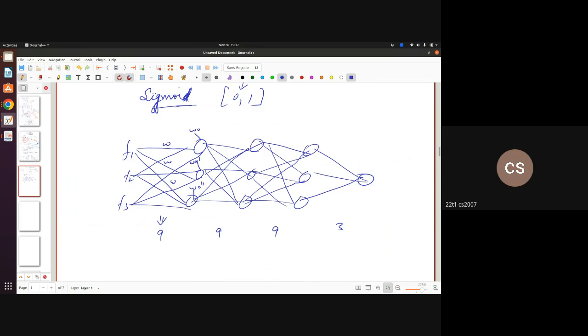So each neuron has the bias also. 9 plus 9 is 27, plus 9, 27, plus 3, 30. Now let's compute the bias. 1, 2, 3, 4, 5, 6, 7, 8, 9, 10. There are 10 neurons, so one bias at each neuron. That makes 40. So in total, 40 parameters need to be computed. Is that clear?